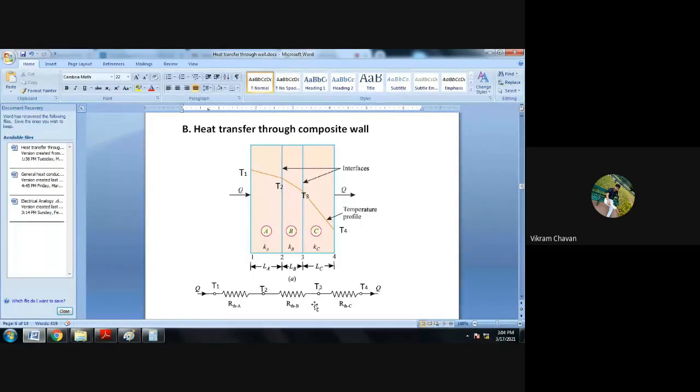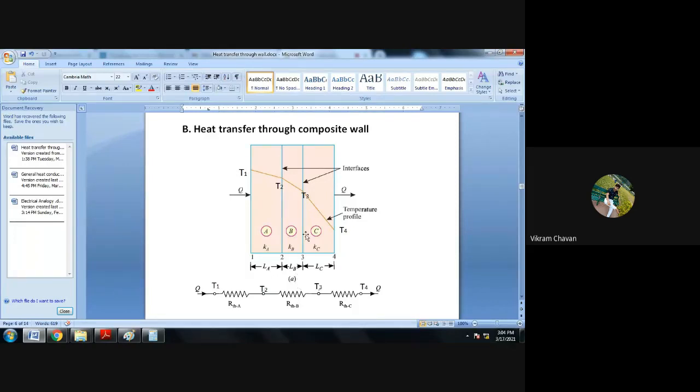Wall B having left hand temperature of T2 and right hand temperature of T3. In a similar fashion, wall C has left hand surface temperature T3 and right hand surface temperature T4.